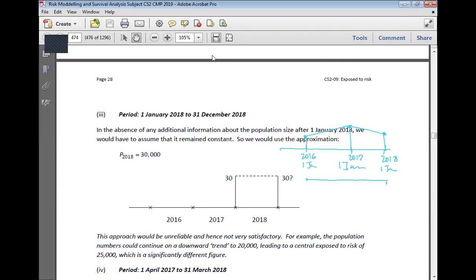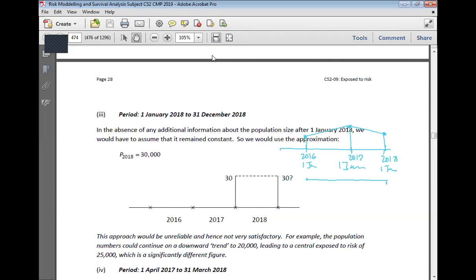And then for the next term, you only count 3 months: January, February, and March. So 3 by 12 will give you 1 by 4. And you assume that it stays constant, so you assume that it stays at 30. And this is the value that you will get. All right, so that was it about this question.